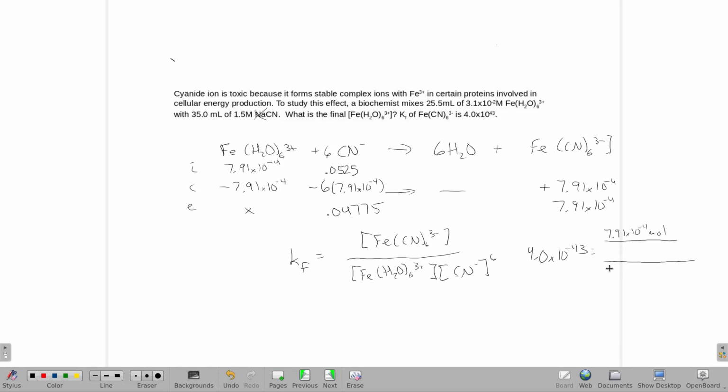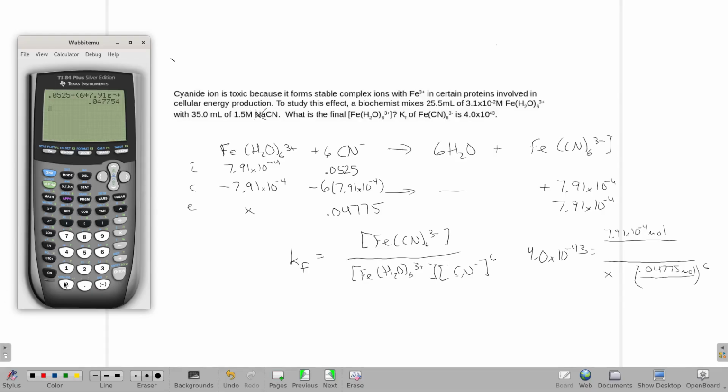And even down here with the iron, the iron is X. With the CN, it's 0.04775 moles, and we'll raise it to the 6th, but we need volumes on both of these. The volume's easy to get. We got 35 milliliters and we got 25.5 milliliters.